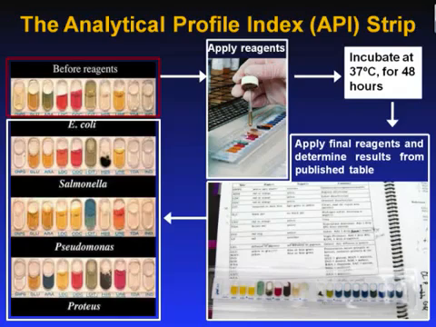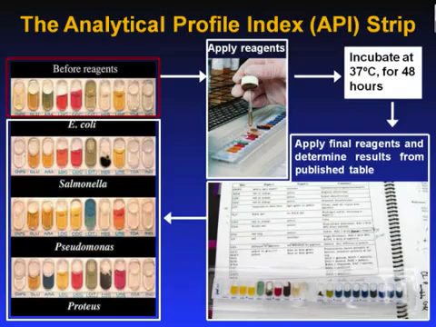Some of the tubes are to be completely filled, for example tests CIT, VP, and GEL, whereas others are topped off with mineral oil so that the anaerobic reactions can be carried out, for example tests ADH, LDC, ODC, H2S, and URE.